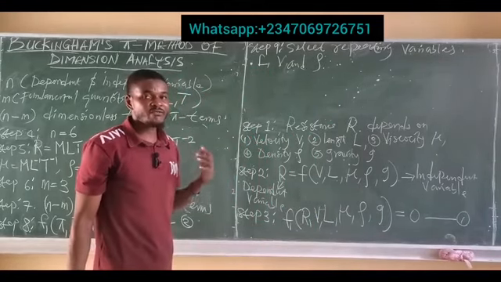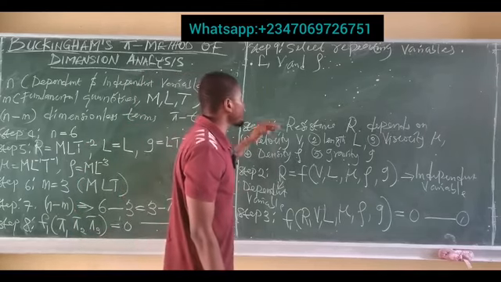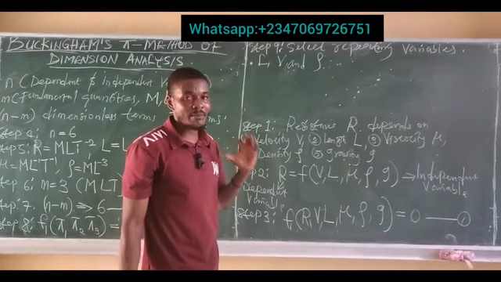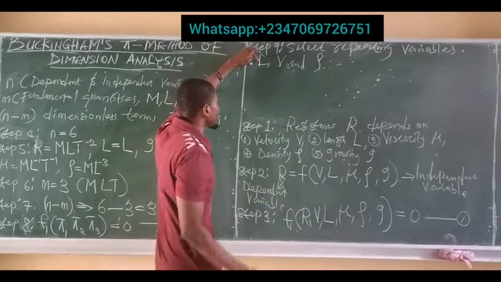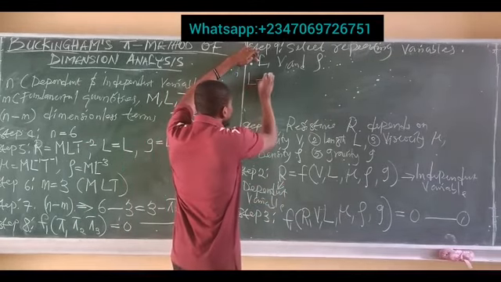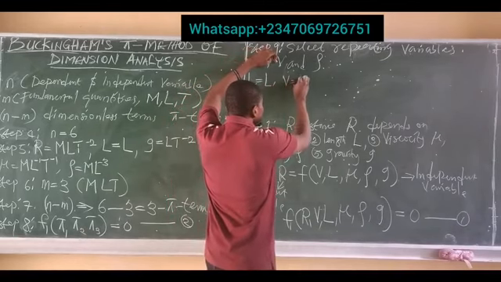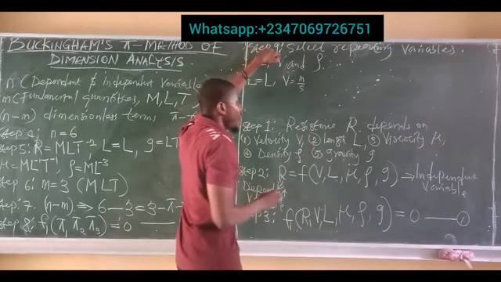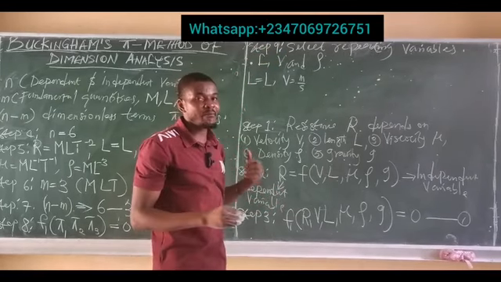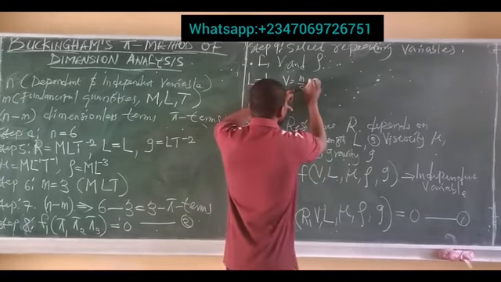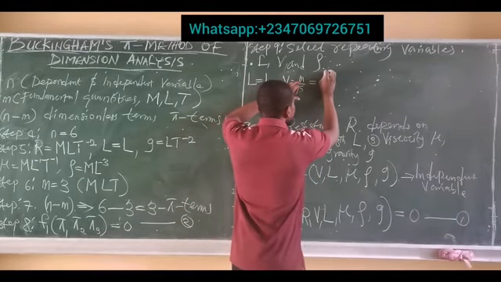So these are our three repeating variables. Now let's check and see if these variables form the MLT systems amongst themselves. The dimension for length remains L. Dimension for velocity, the unit of velocity, remember, is meters per second. I always say the best way to write the dimension of physical variables is from their units. So meter per second, which means meter, remember, is the unit of length.